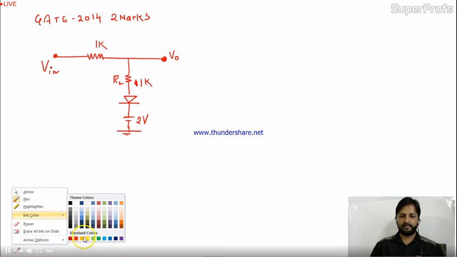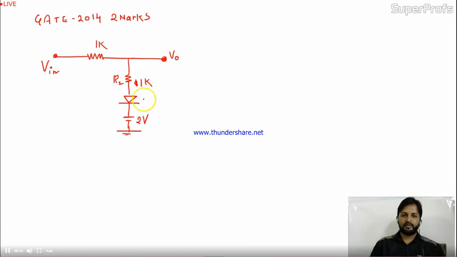The diode V on is 0.7, means practical condition we are considering. The practical diode will be having 0.7 voltage drop. This is the barrier potential, right?